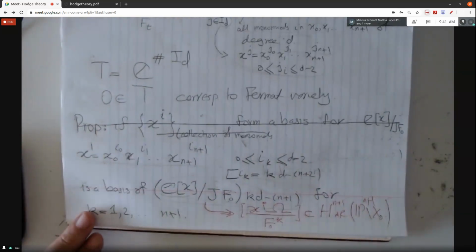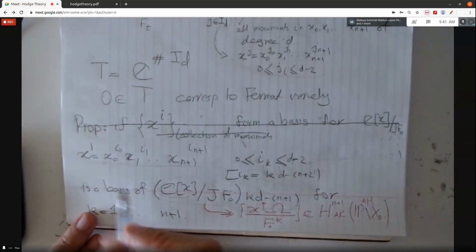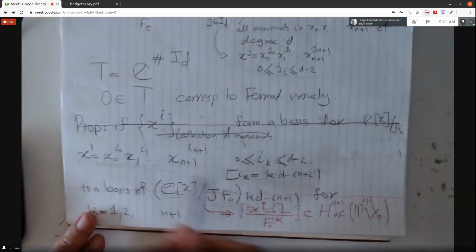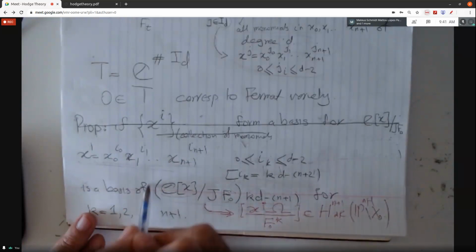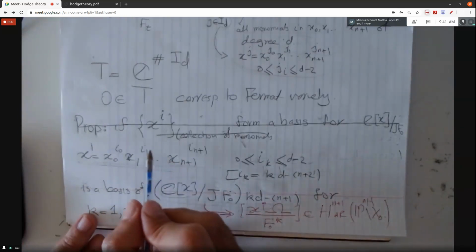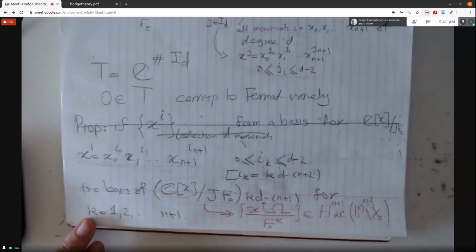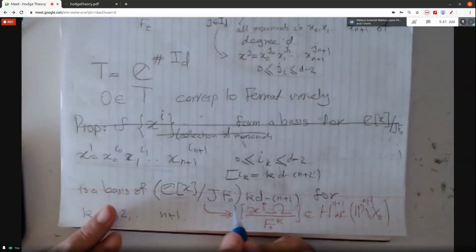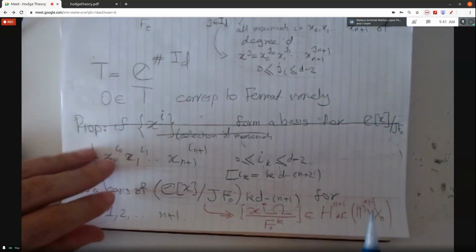The reason I'm recalling this is that if we fix any basis of these pieces of the Jacobian ring, then at some point 0 it will be a basis also in some neighborhood of 0.